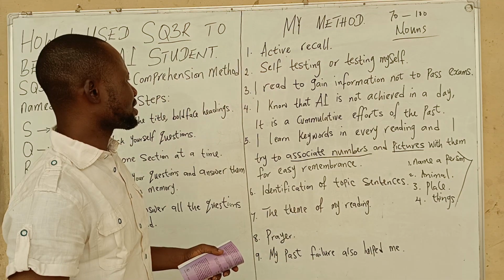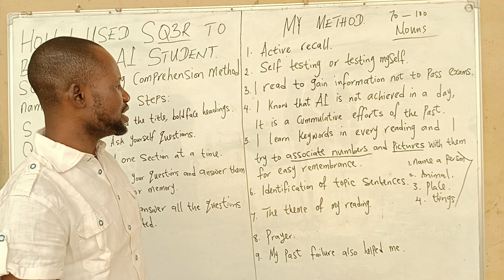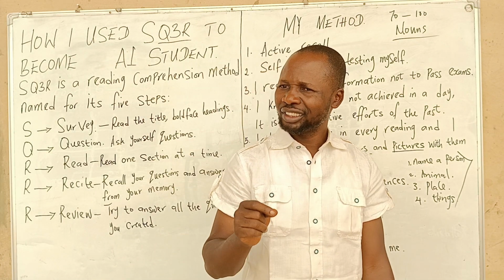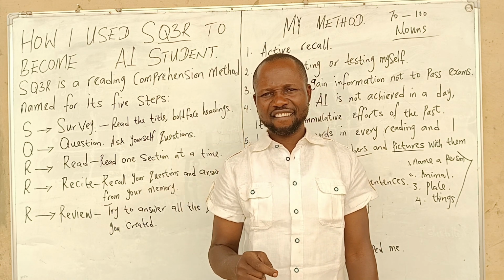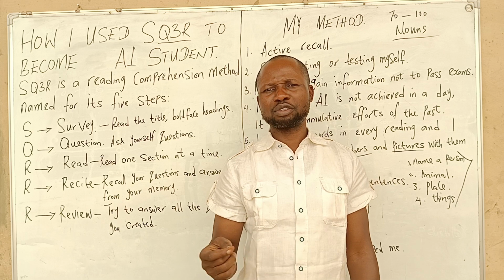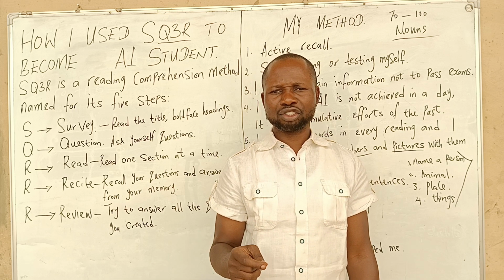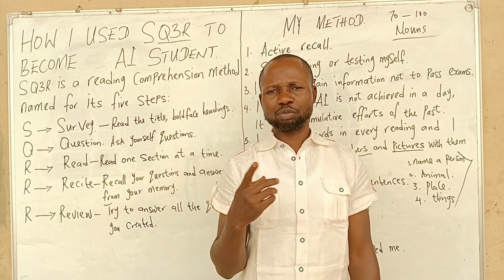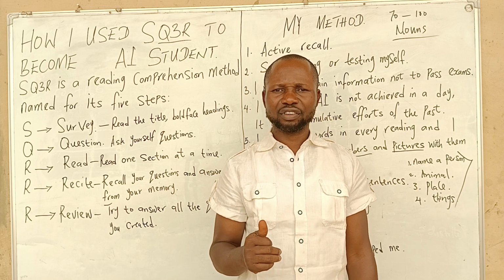Then the next is number four. I know that A1 is not achieved in a day. It is a cumulative effort of the past. Because to say you just want to wake up and start reading 3 days to examination, you want to have A1 in 9 courses, in 9 subjects, 15 subjects, and so on, you are deceiving yourself.